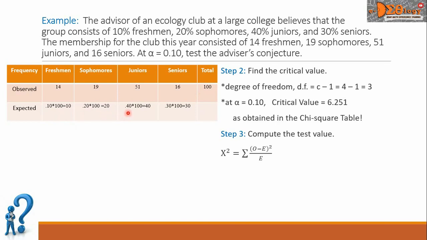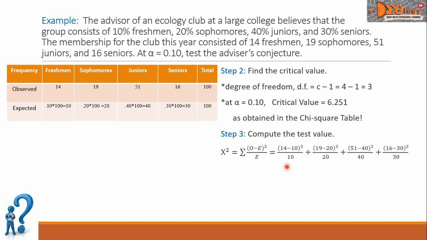For the juniors, 0.40 times 100 equals 40. For the seniors, 0.30 times 100 equals 30. Take note that the total of the expected frequency must be equal to the total of the observed frequency.